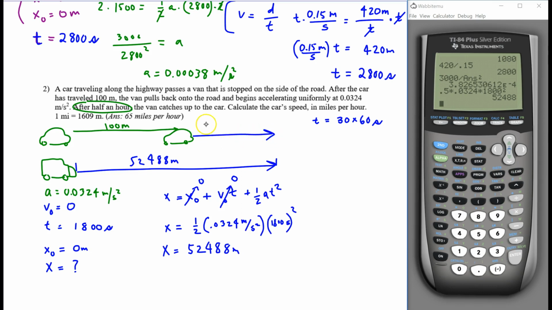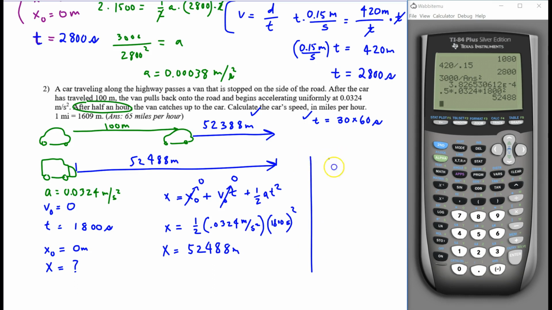Well, it's just 100 less. 52388. Right? So now we know the distance of the car, we know the time, we can find the car's speed.